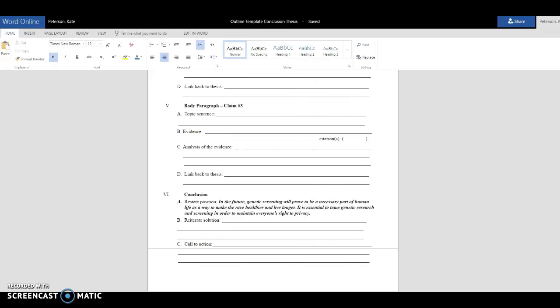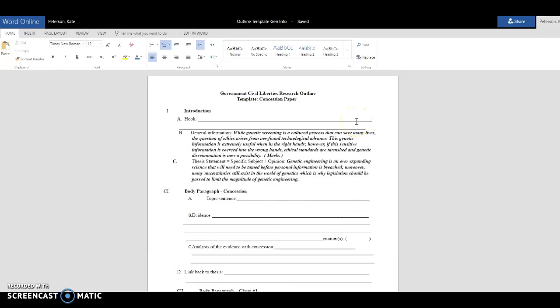Once you complete your conclusion, go back up to your introduction. Now you have an outline that is nearly filled out, so you should be able to fill in the general information. The general information is the background that your reader would need to understand the topic. Remember that although you may be an expert in your topic now after doing all of this research, your readers may not be.